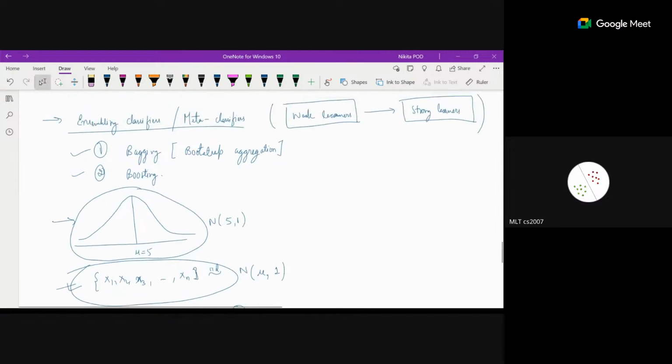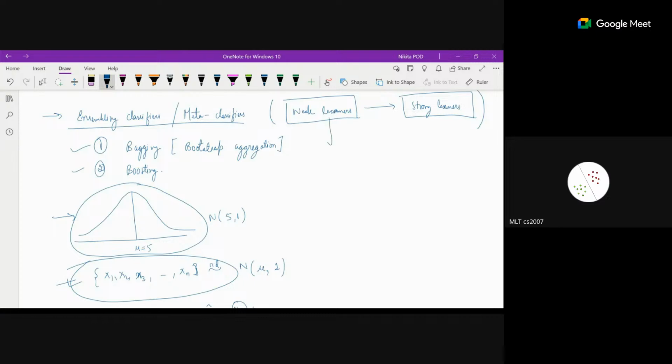So in these ensembling classifiers, where we are going to see bagging and boosting, what they are trying to do is convert weak learners to strong learners. So what are my weak learners? All my underfit models and overfit models. Because if I'm overfitting the model, we are fitting a lot of noise also, making the training error zero.